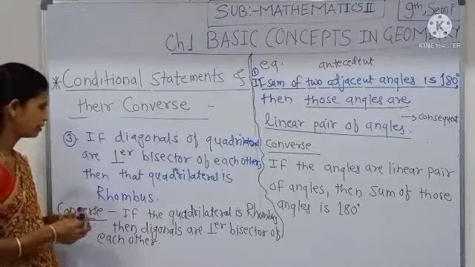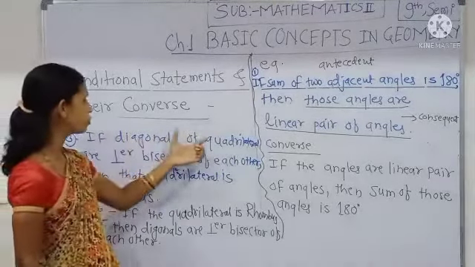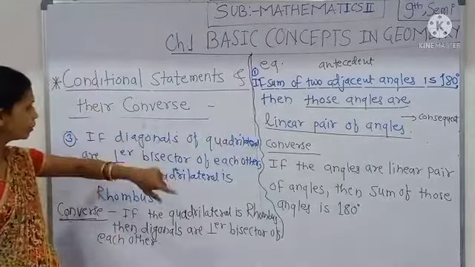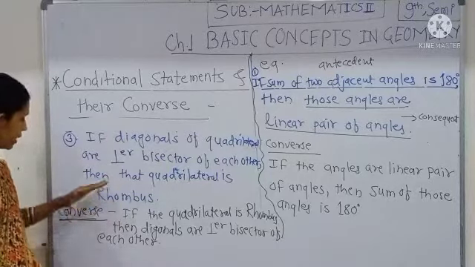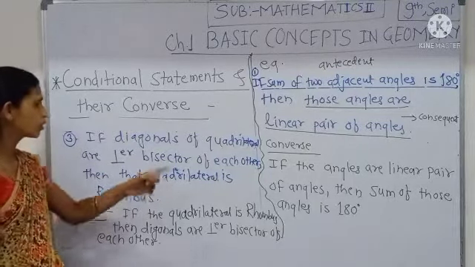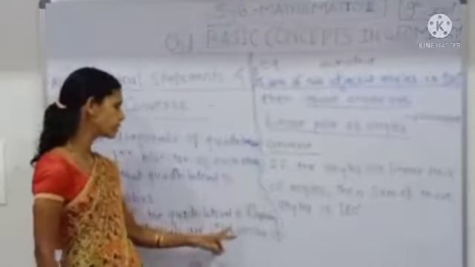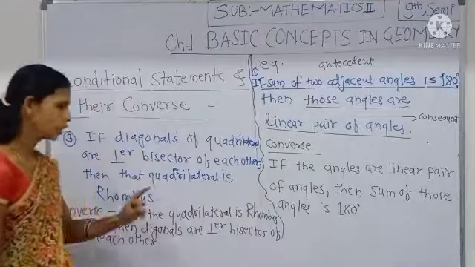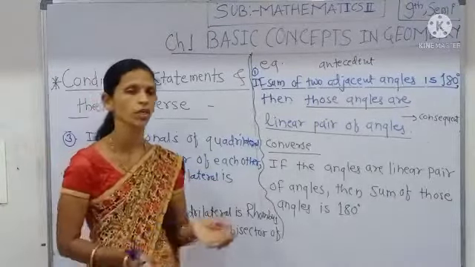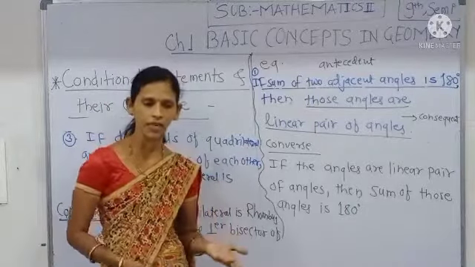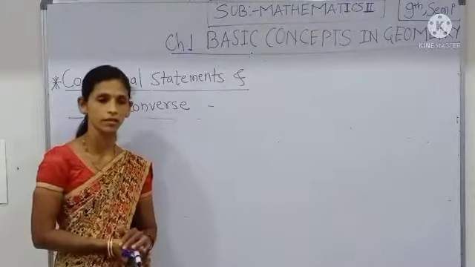The conditional statement is given here: if the diagonals of a quadrilateral are perpendicular bisectors of each other, then that quadrilateral is a rhombus. And here in the converse: if the quadrilateral is a rhombus, then the diagonals of that rhombus are perpendicular bisectors of each other. That is about a few examples of conditional statements as well as their converses.